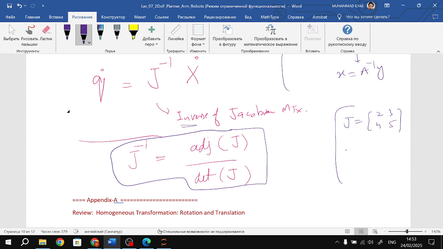Then J inverse is obtained by replacing the places and changing signs: multiply 10 minus 12, that is minus 2. So 1 over minus 2, times the matrix 5, minus 3, minus 4, 2. That is your inverse in the 2 by 2 case, right? But if it is 3 by 3 or 4 by 4, you can calculate using software like MATLAB.